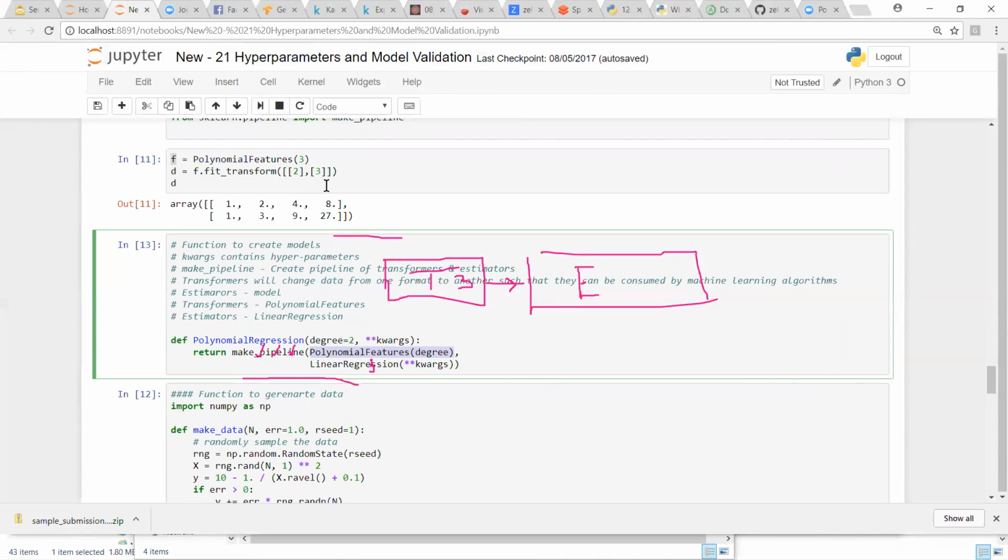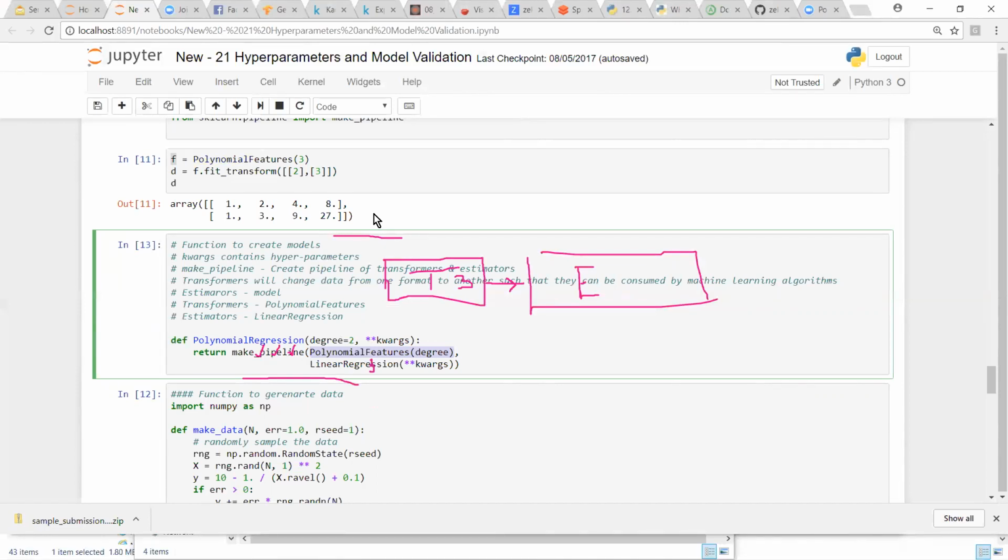Given a particular x, it can transform the data into this type of format. The x can contain a lot of data, and it will convert that into this format. When 5 is coming from there, it will convert this into 6 columns.